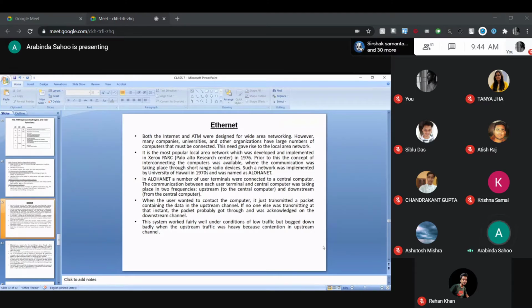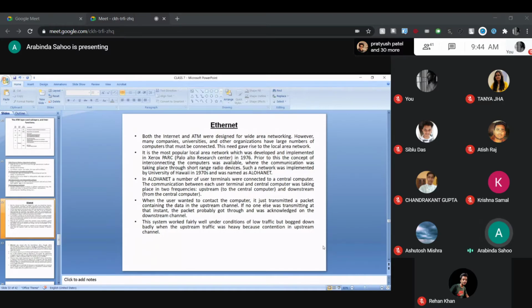If you consider the first point, both the Internet and ATM were designed for wide area networks. However, many companies, universities, and other organizations have a large number of computers that must be connected.